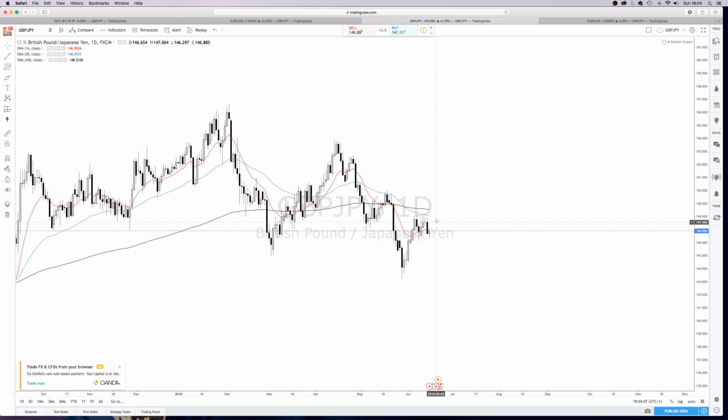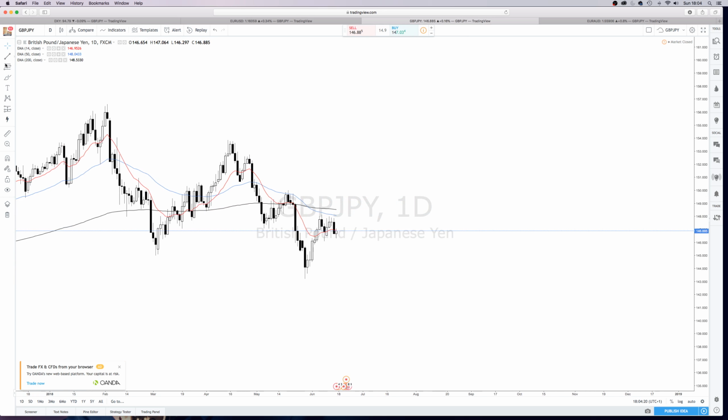But price, as we can see on the daily, over the last week we've been trying to break the 50. Well, we've been respecting the 50 EMA. We've got the 200 EMA in play at the moment, and the most recent move down, which I was looking at, again we've been respecting the 618.